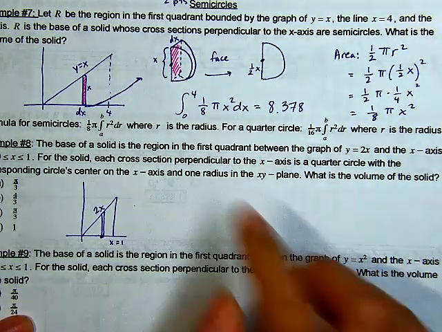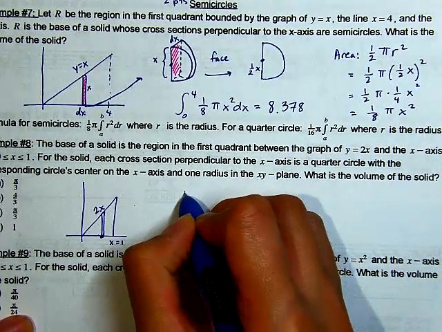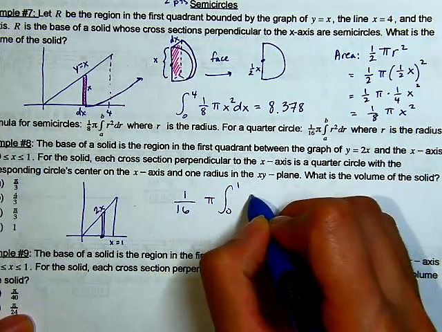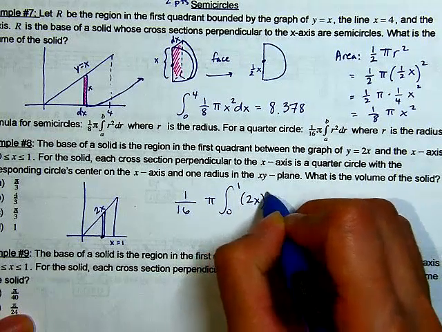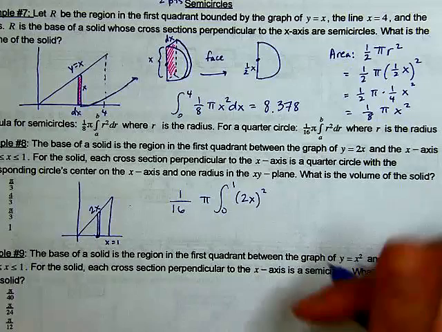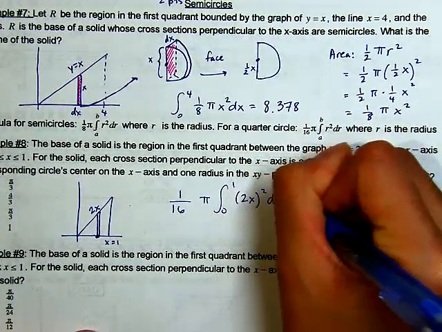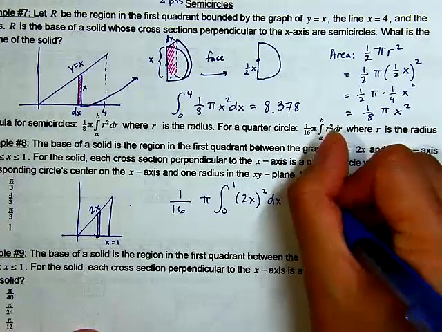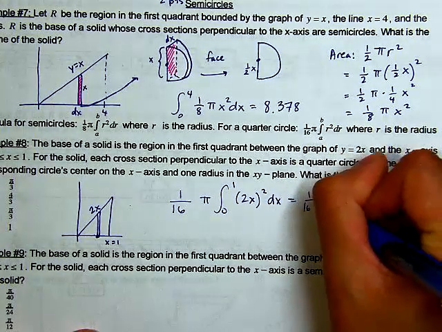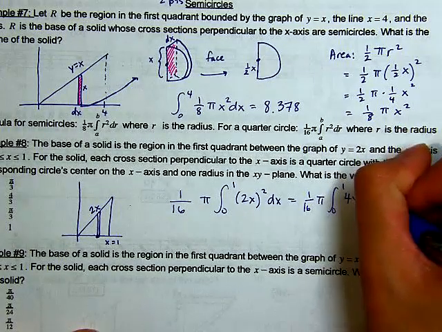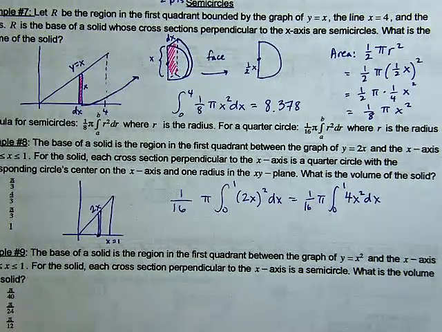And so you will have 1/16 pi integral from 0 to 1 of (2x) squared dx. Again, make sure to put parentheses around that so you know to square all of it. If you were to square this, you would get 4x squared dx.